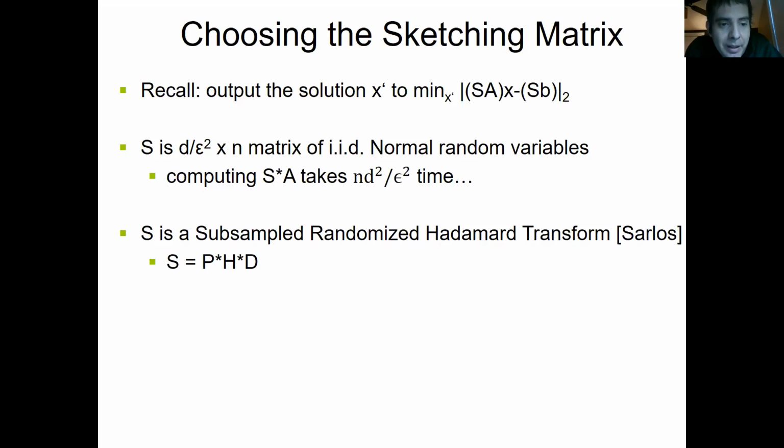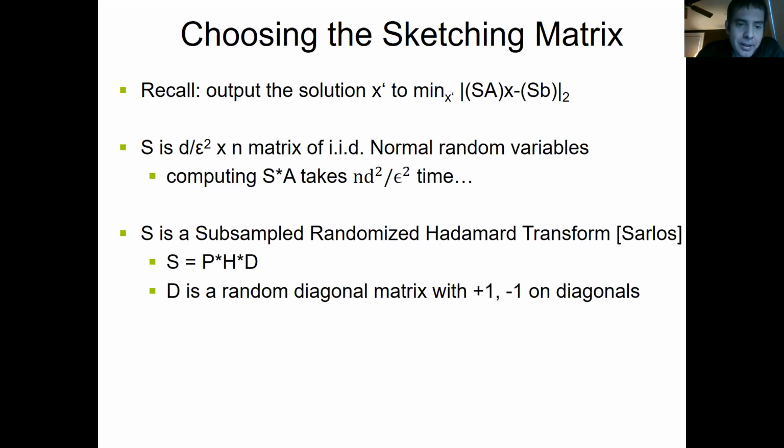So S can typically be decomposed as P times H times D. It's again going to be a short and fat matrix, but the important point is that each of these factors can be applied to a vector very quickly. So D is just a random diagonal matrix, where each entry on the diagonal is independently set to plus or minus 1 with equal probability. So that's very quick to apply, order n time.